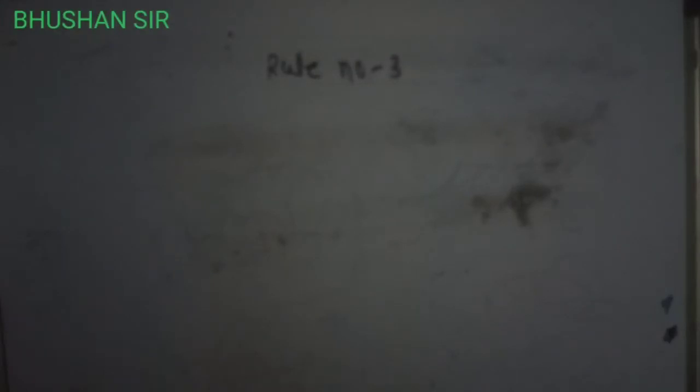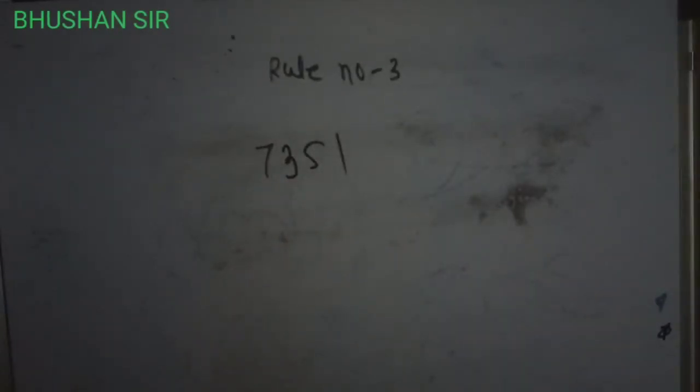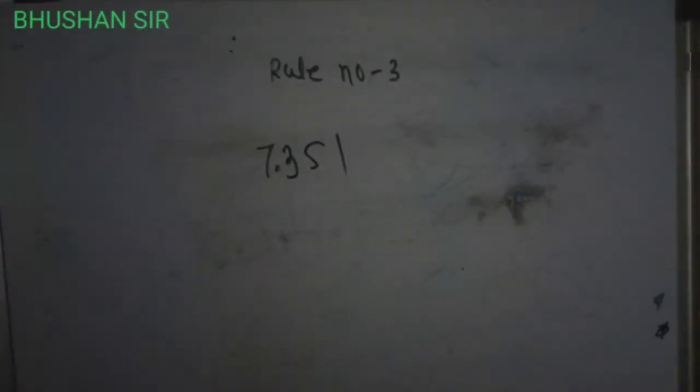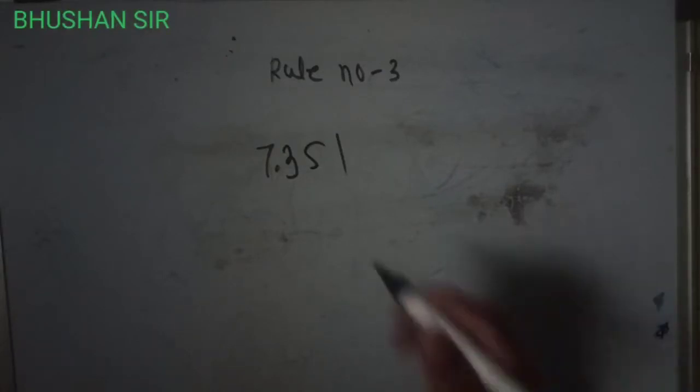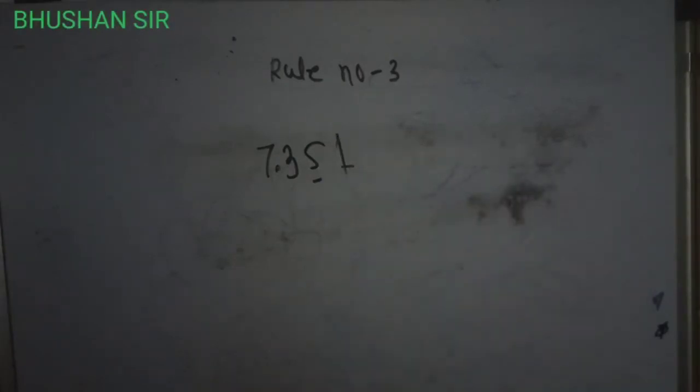Rule number 3. If the digit to be dropped is 5, for example 7.351, this is the digit to be dropped, 5 followed by a digit other than 0. After the 5 there is 1, so it is other than 0, then the preceding digit should be raised by 1.